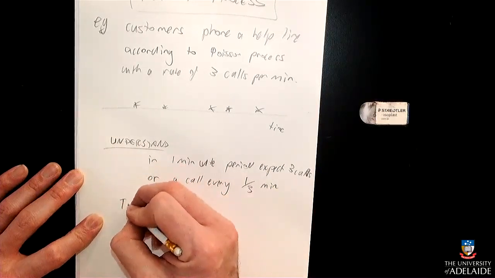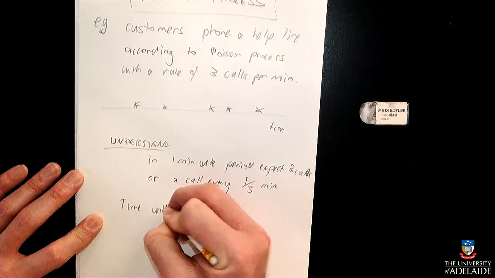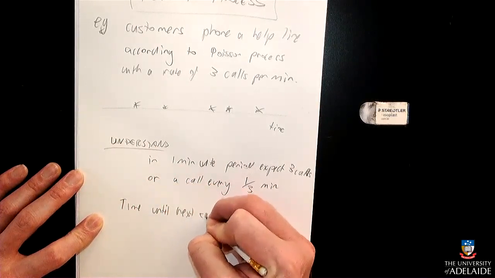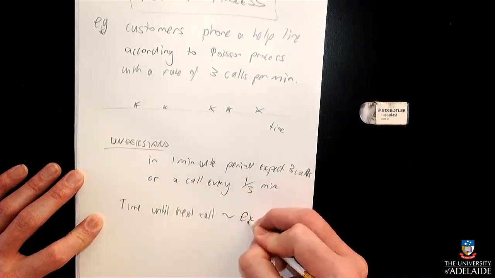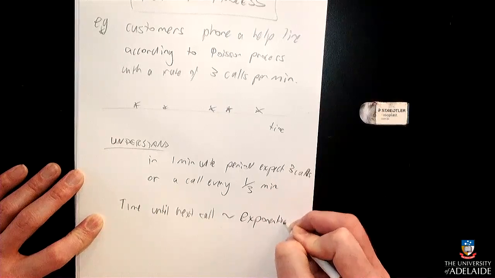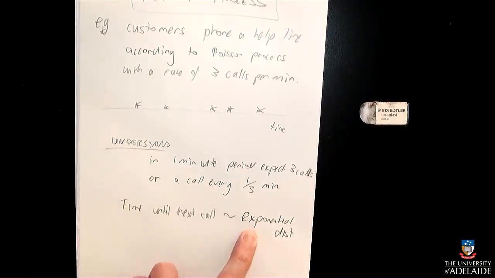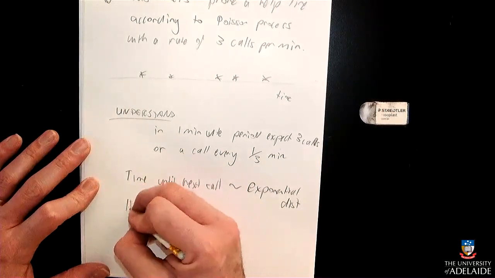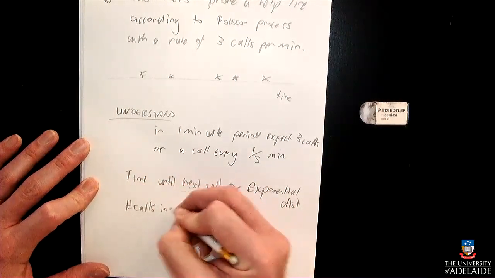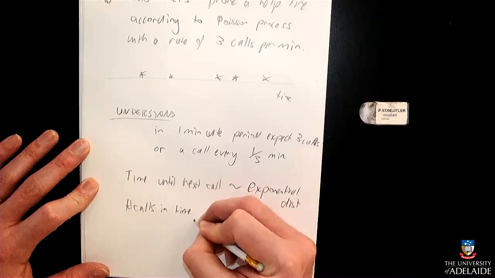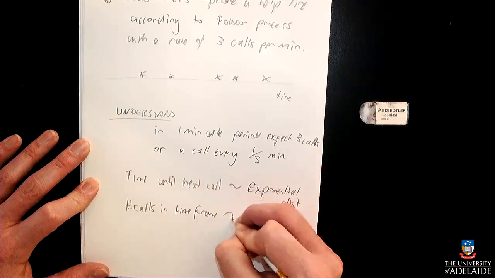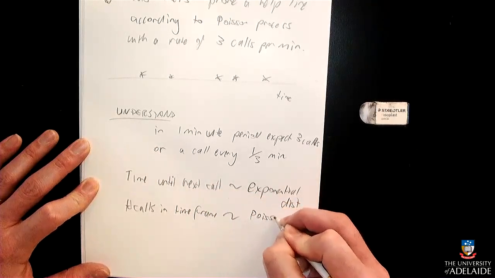So the time until the next call would be distributed according to an exponential distribution. The number of calls in a time frame would be a Poisson distribution.